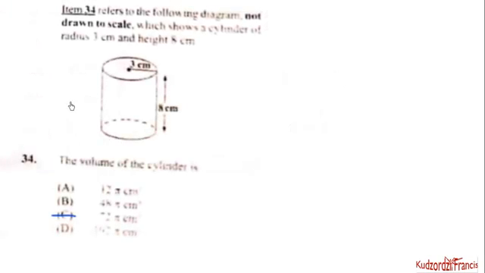Then let's look at 34. Item 34 refers to the following diagram, not drawn to scale, which shows a cylinder of radius 3 centimeters and height 8 centimeters. We are calculating the volume of the cylinder.